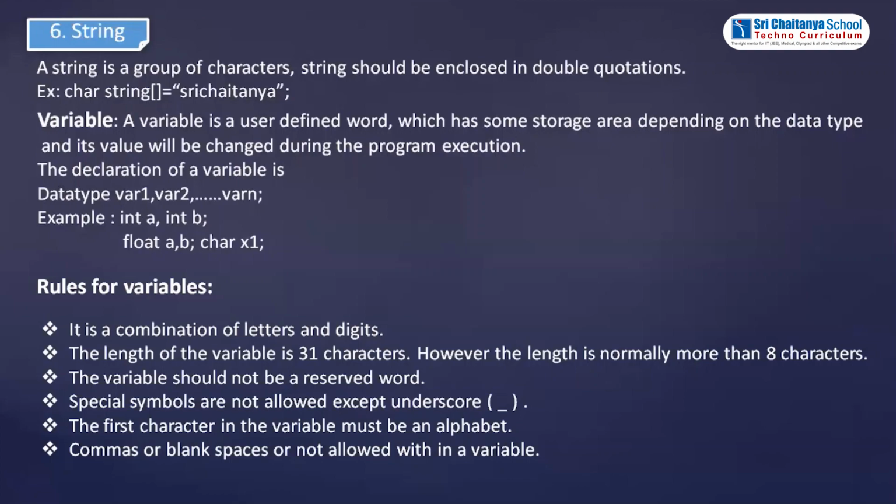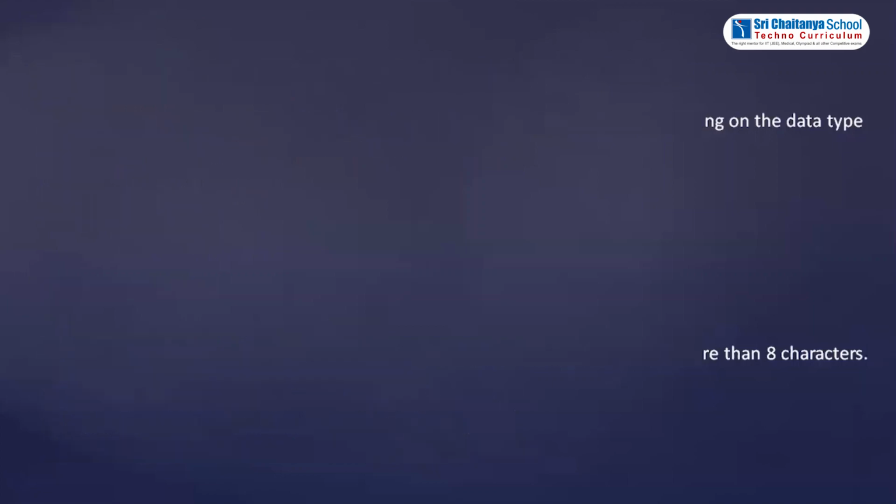The variable name should not be a keyword. Special symbols are not allowed except underscore. The first character in the variable must be an alphabet. Commas or blank spaces are not allowed within a variable. So these are a few rules which are used when declaring a variable.